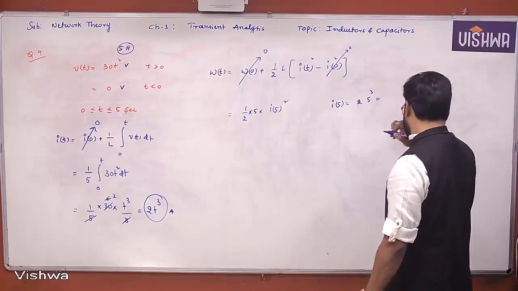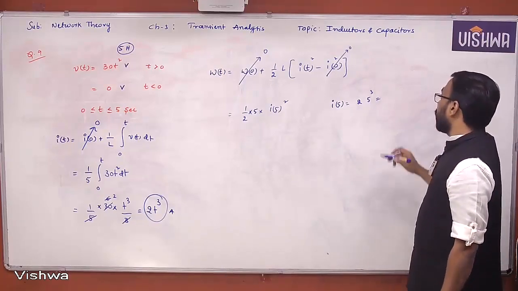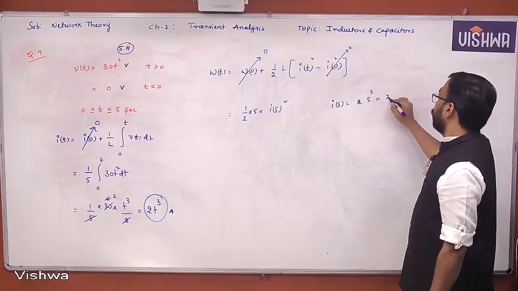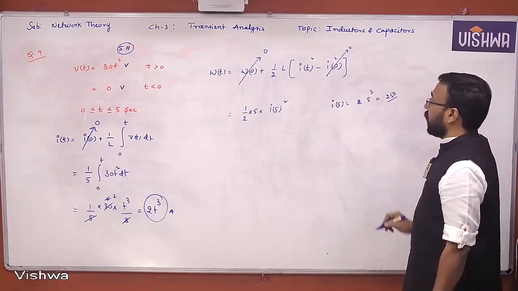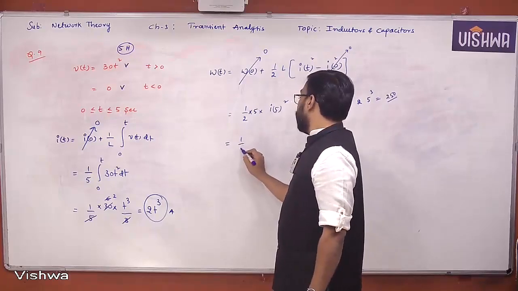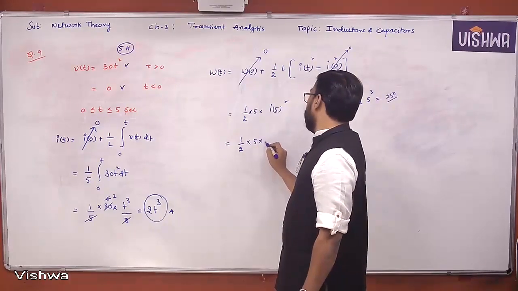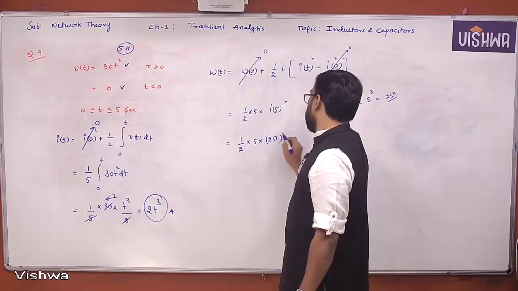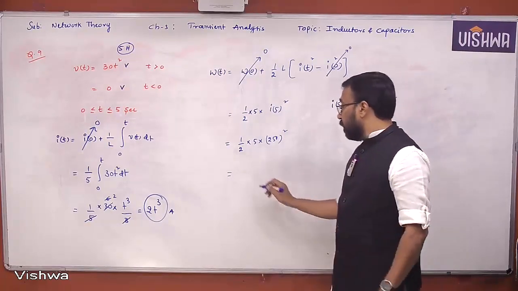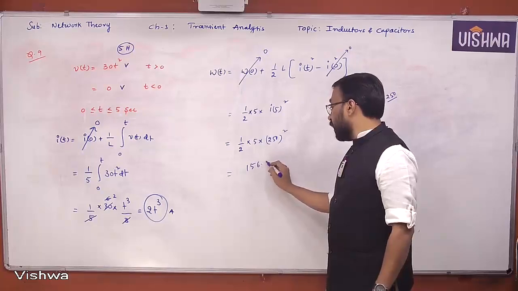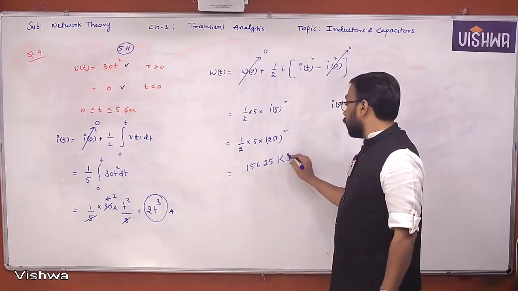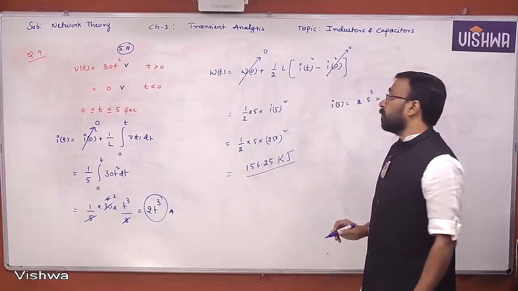How much is it going to be? 5 5s are 25, into 5 is 125, into 2 is 250. So now 1 by 2 into 5 into 250 whole square. Finally you can simplify. You will get an answer that is 156.25 kilojoule. Understand all of you?